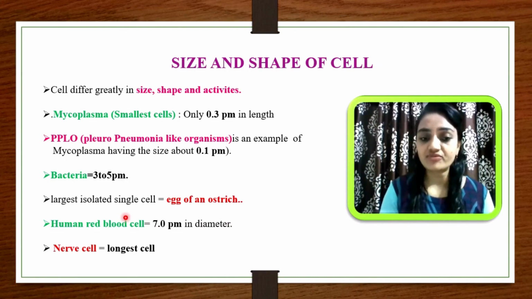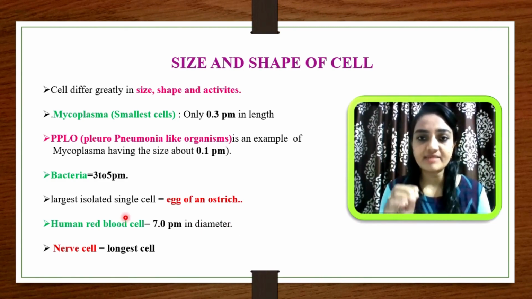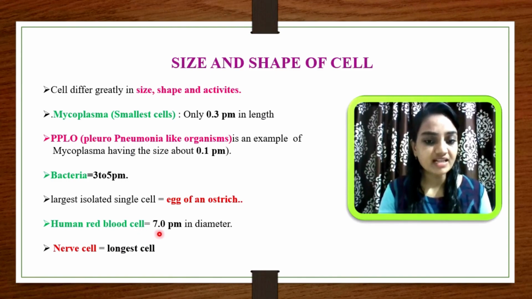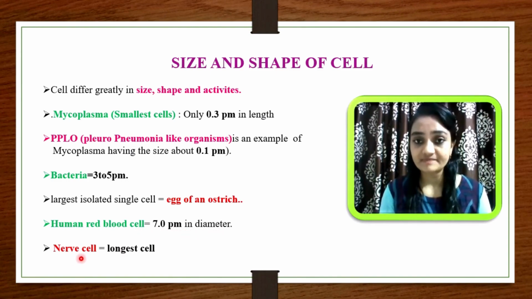It is very important to note here that the human red blood cell is a cell in which the nucleus is totally absent. Nucleus is not present in the human red blood cell. Then the nerve cell, our brain cells, which is called a nerve cell, is the longest cell of our body.